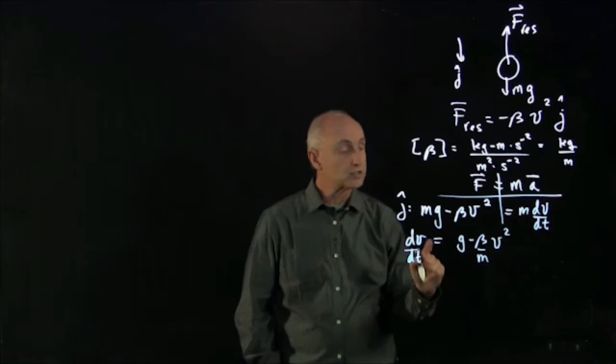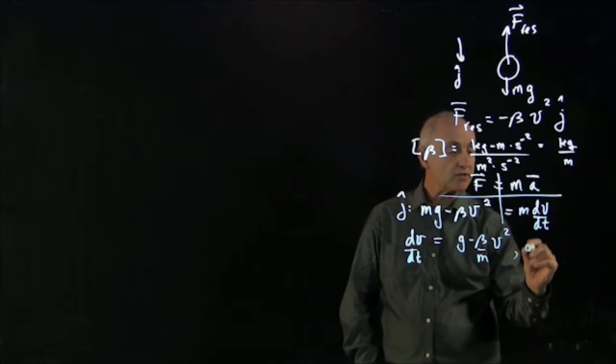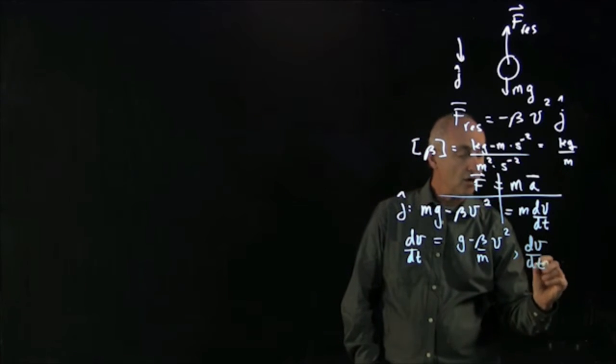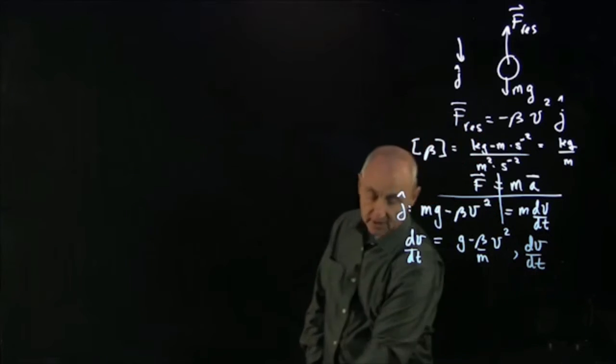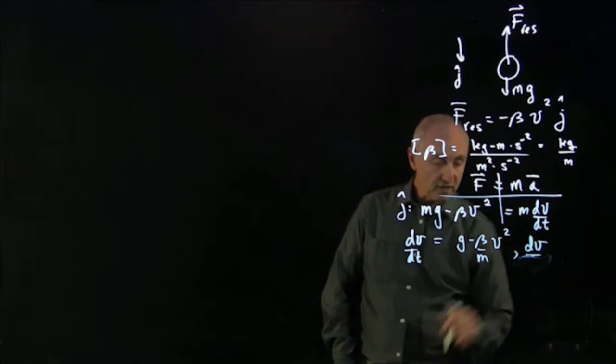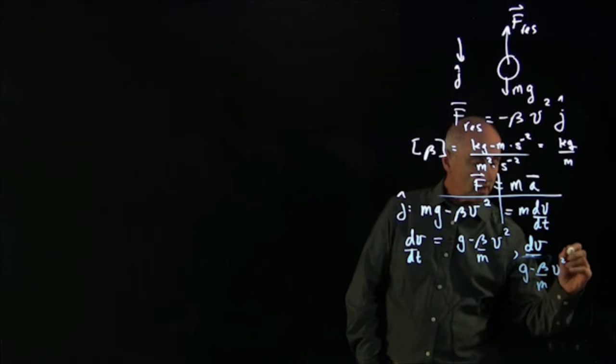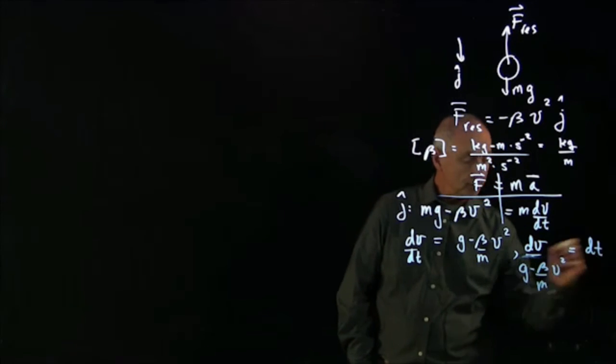But we can still apply our technique of separation of variables, and so we'll rewrite this equation. We'll separate out the dv's and the t's. So we have dv over g minus beta over m v squared is equal to dt.